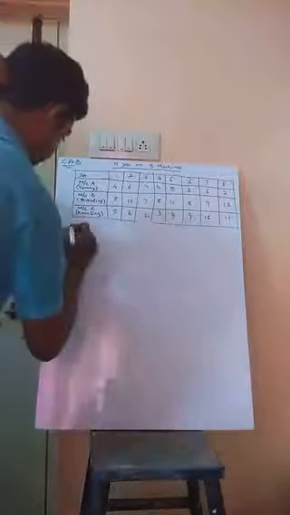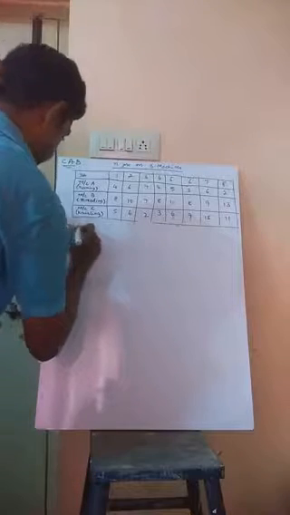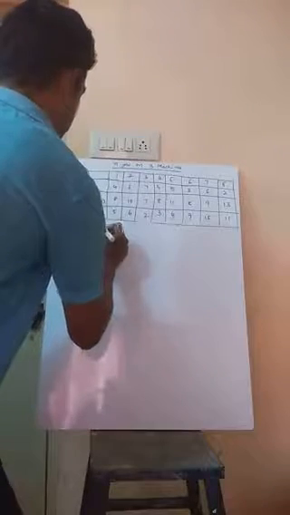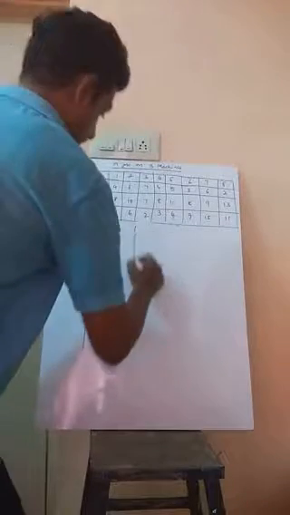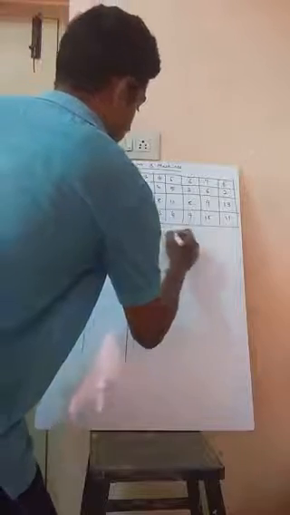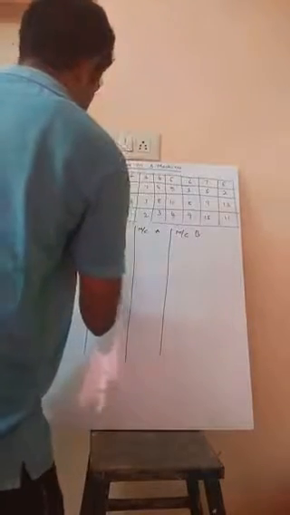For finding the total elapsed time, first we need to look into the job, machine C, machine A, machine B. Again, do the same thing.